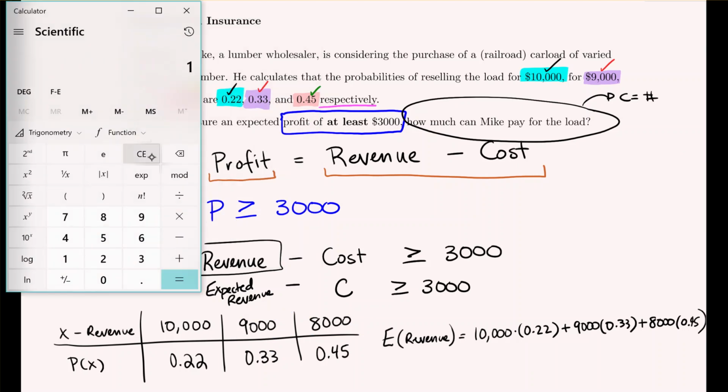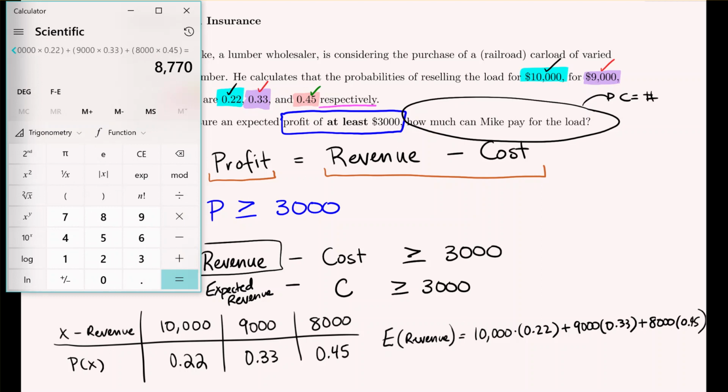So we have 10,000 times 0.22 plus 9,000 times 0.33 plus 8,000 times 0.45.